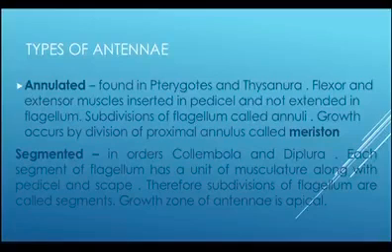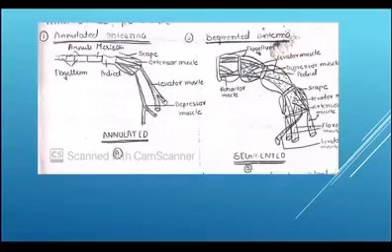There is external segmentation as well as internal segmentation, and the growth of the antenna is what you call as apical. That means that the most terminal segment or segments will divide and produce more segments, new segments.